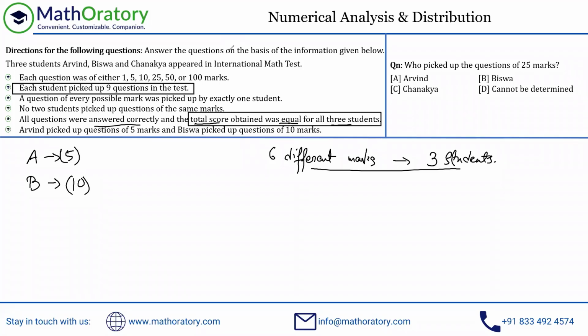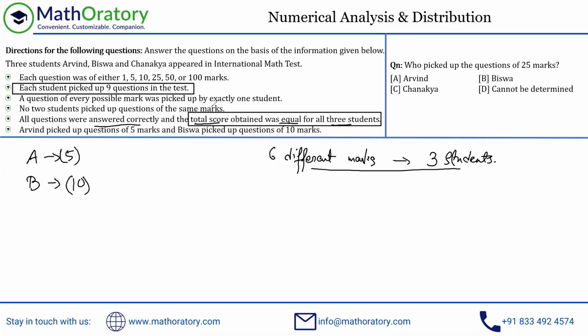Also, because there is a 100-mark question, somebody has to pick that, right? Because that is what the third point was saying: a question of every possible mark was picked up by somebody. So 100 marks also somebody has picked up, and nobody has got any answer incorrect, right? So that person has got at least 100.